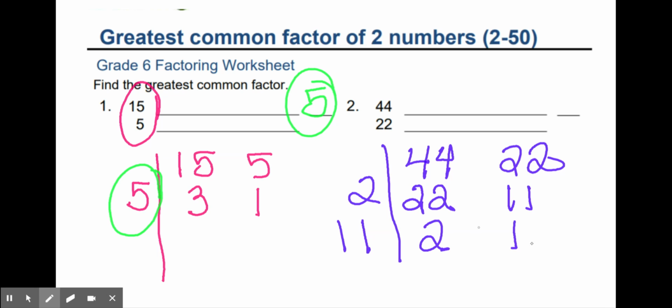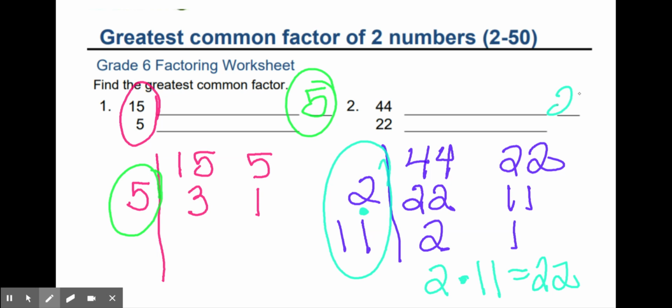So 2 and 1, the only number that goes into 2 and 1 is 1, so you're done. So now you're going to take the numbers on the left of the vertical line, and you're going to multiply them together. So I'm going to have 2 times 11, and that equals 22. So this time, 22 is the greatest common factor.